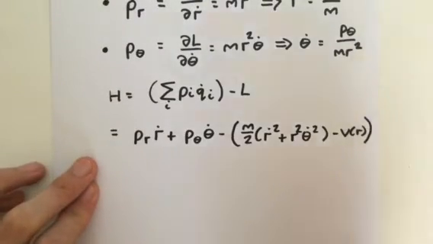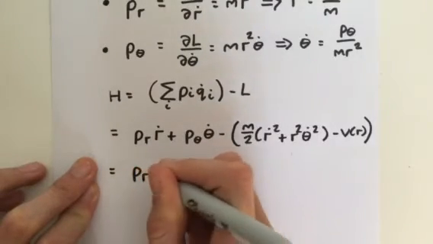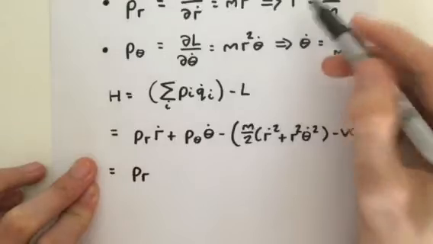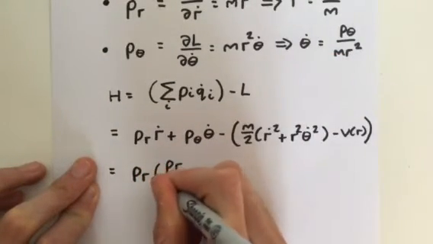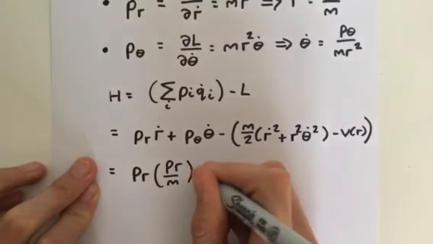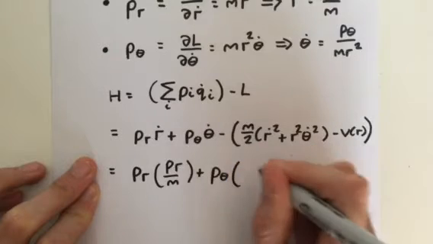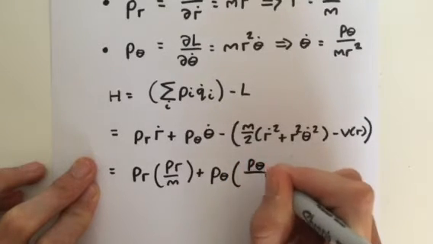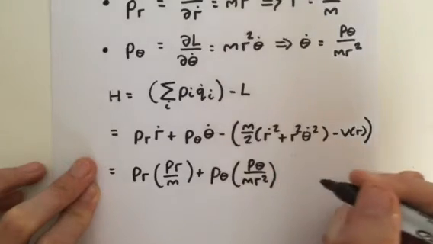Brilliant. So this is going to equal p_r multiplied by p_r over m, because that's what ṙ is equal to. So p_r²/m, and then we add p_θ multiplied by p_θ divided by mr².